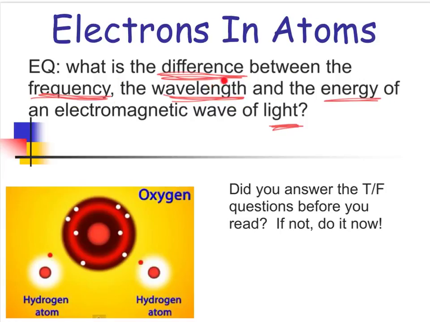Just as long as you have those three words in those middle three blanks, you're going to be just fine. Take a minute if you haven't already, and answer those true-false statements on the top of your paper before you read. So before I go any further, take a second and make sure that you've answered those true-false questions, because we'll come back to that in just a minute.